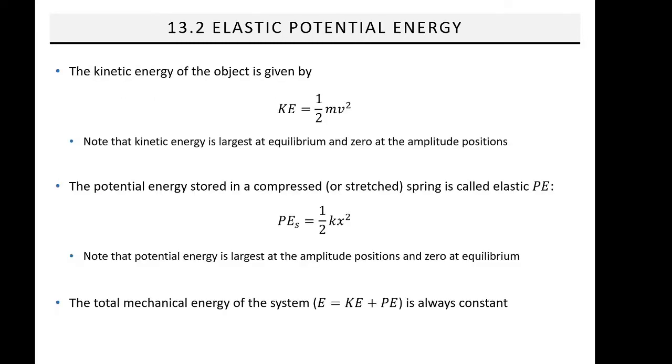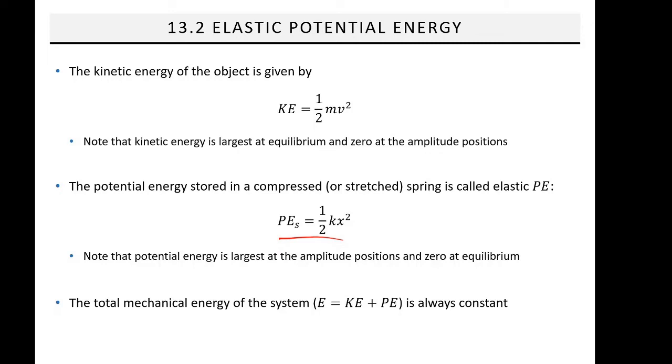The kinetic energy for an object attached to a spring is the same energy of motion that you know and love. It's 1/2 mv squared. For potential energy, we use this equation in the middle of the slide here. I won't derive it, but it's just that the potential energy is 1/2 kx squared.